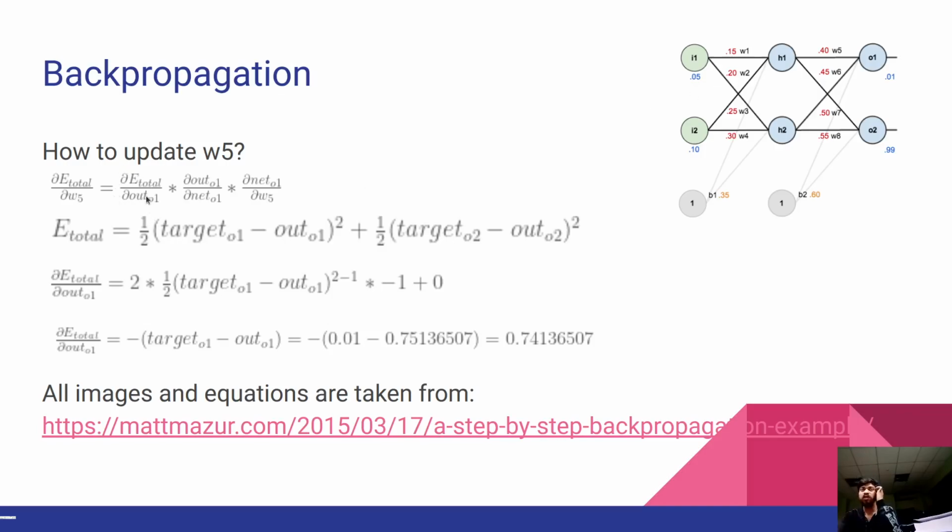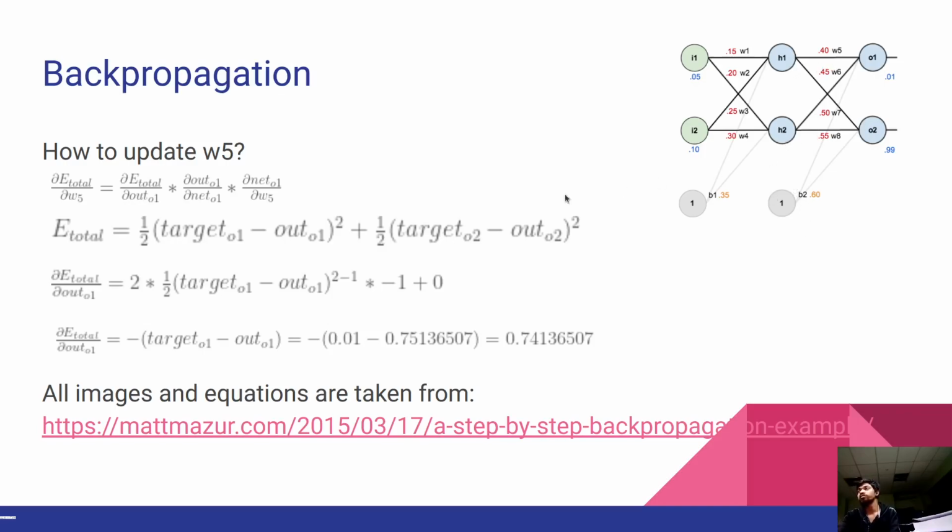At first we are finding the partial derivative of total error with respect to the error here. Then we are multiplying it with the derivative of the output with respect to the value before the activation function. So this one is just the derivative with respect to the activation function. Net O1 means whatever we get by multiplying this into this, this into this, and this into this.